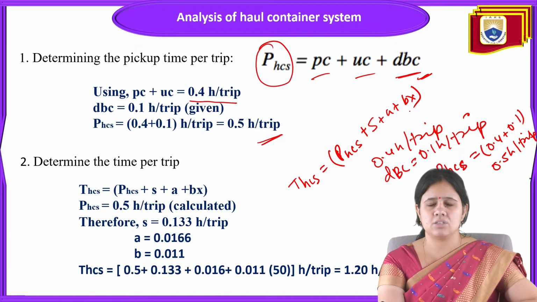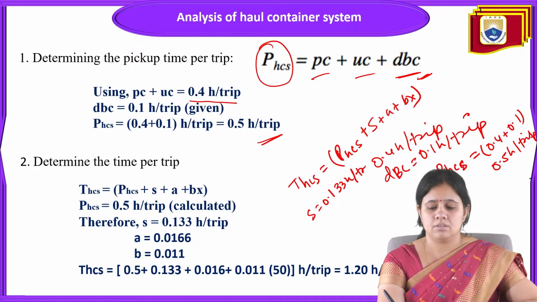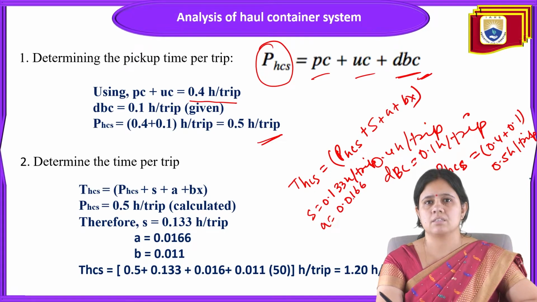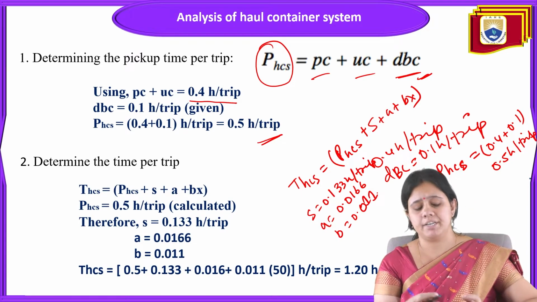So S is already given as 0.133 hours per trip. Then A is equal to 0.0166. B is equal to 0.011. So these have already been given.